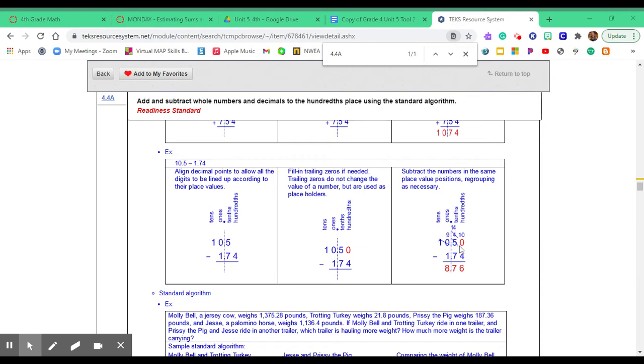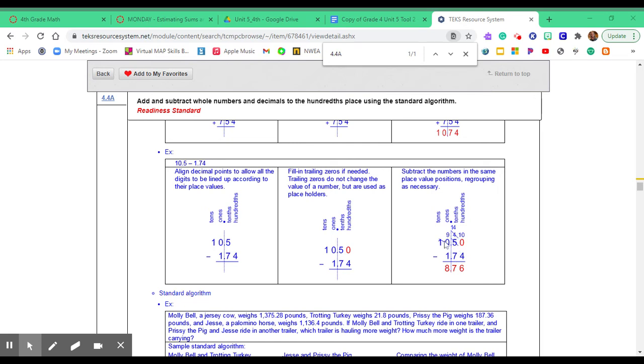Here you see how they have borrowed from next door because we cannot take 4 from 0. So this becomes a 10 and the 5 becomes a 4. 10 minus 4 is 6. We have to borrow again from next door because we cannot take 7 away from 4.